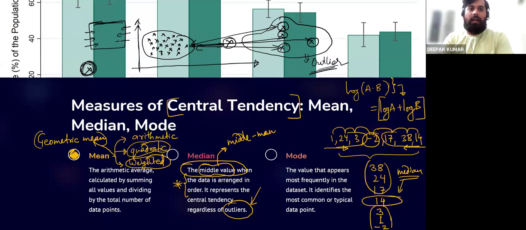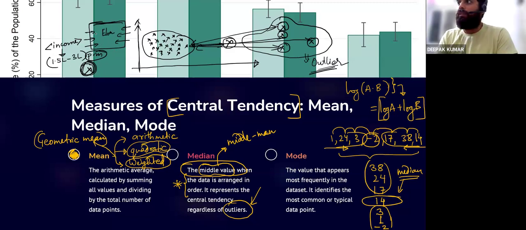And the average income of the people living in that society is usually between 1.5 lakhs to 3 lakh per annum. Okay, no, per month, 3 lakh per month. But sooner Elon Musk comes and purchases one flat in your society.